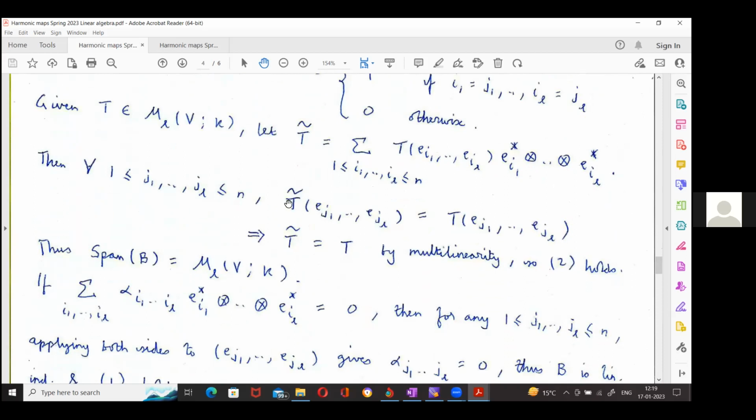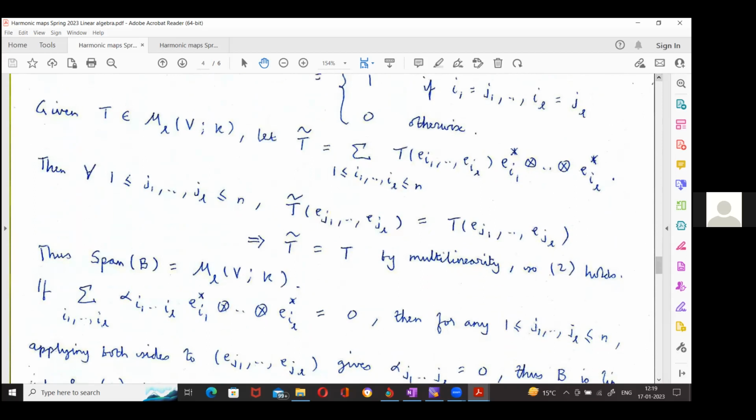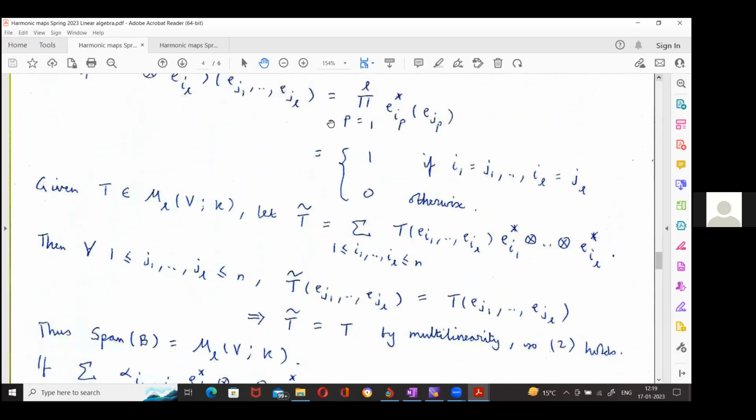If I apply T tilde to any L tuple of basis vectors EJ1 to EJL, then by what we've proved above, EI1 star tensor EIL star applied to EJ1 to EJL only gives me 1 if I1 to IL are equal to J1 to JL, and otherwise it gives me 0.